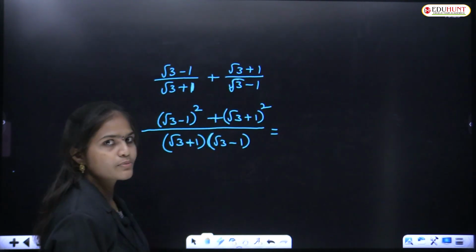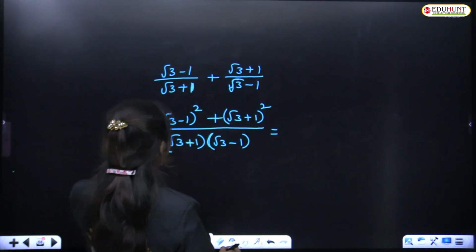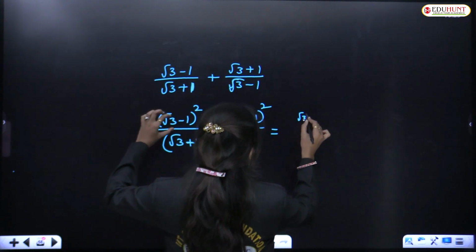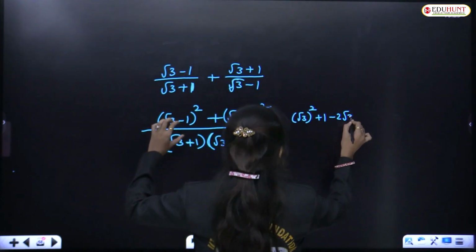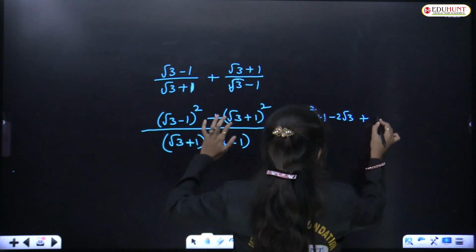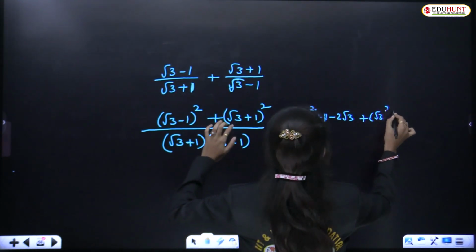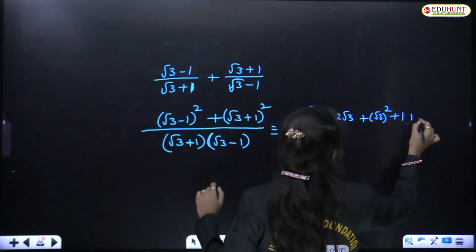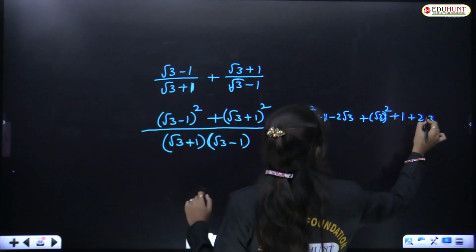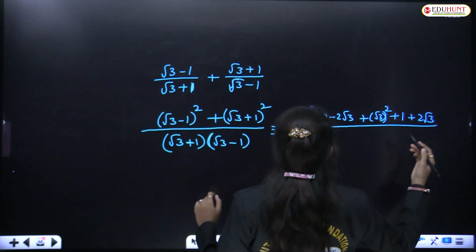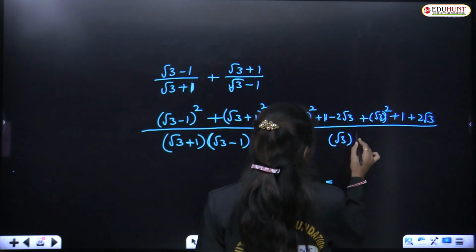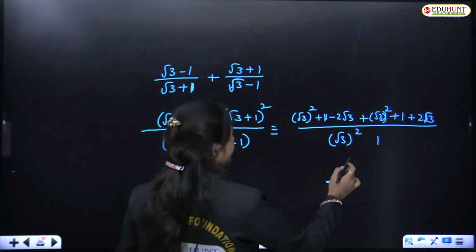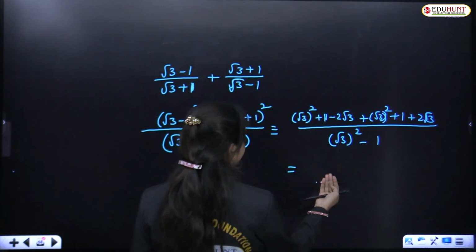Root 3 minus 1 whole square means the a minus b whole square formula: a square plus b square minus 2ab, plus a square plus b square plus 2ab, whole by a plus b into a minus b, so a square minus b square.